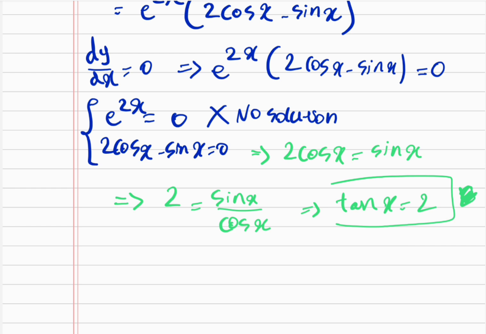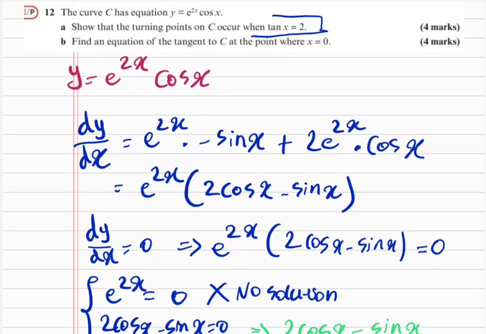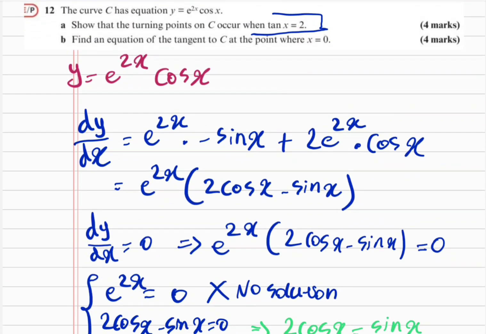Okay, now for part B, it says find an equation of the tangent to C at the point where x = 0. So if you want to find the equation of the tangent, we need two different things. One of them is the coordinates of the point that the tangent passes through. In this case, we already have the x coordinate.